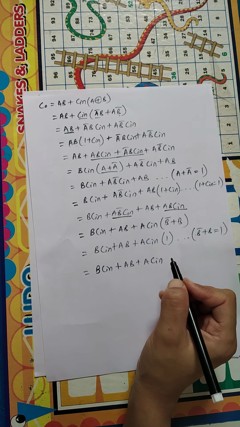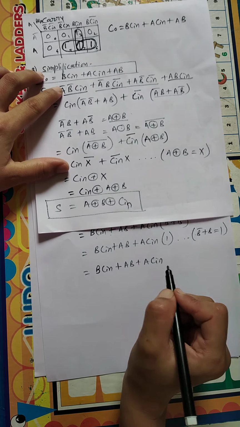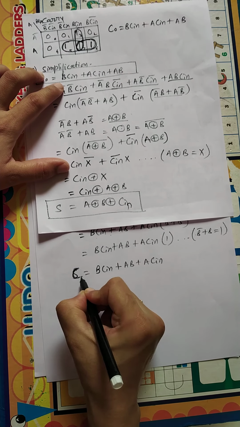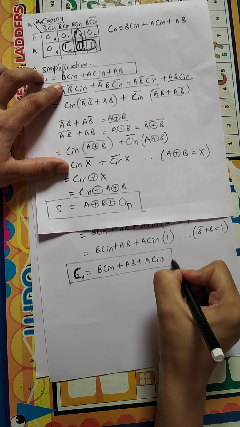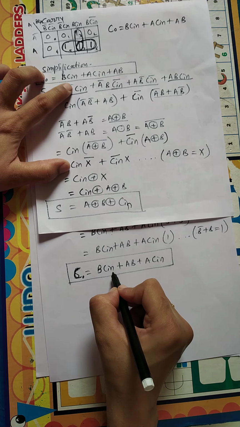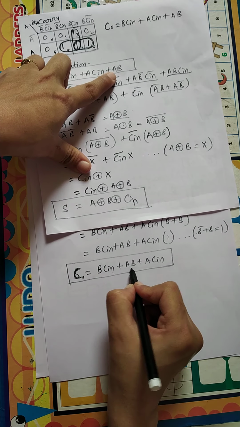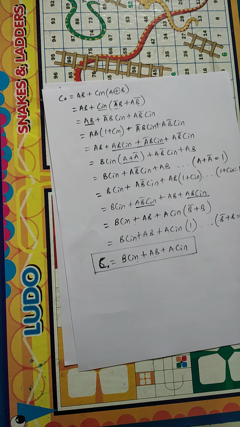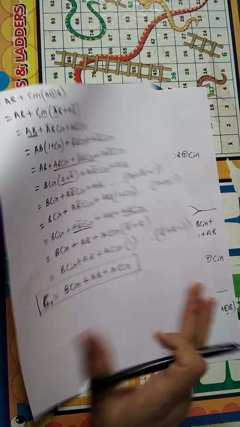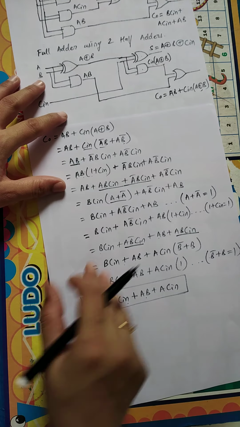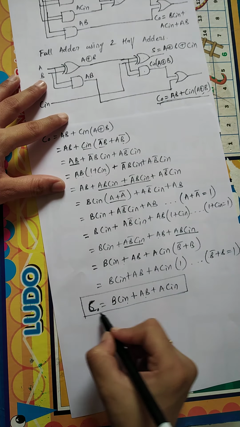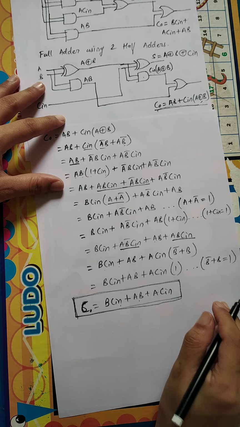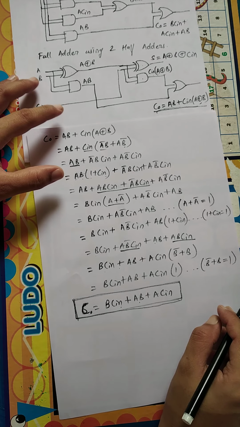So actually here we got the equation for carry. So here you can see that BCin plus AB plus ACin. So here it is proved that this equation is nothing but this equation. Is it clear? I hope it is clear for you. Thank you.